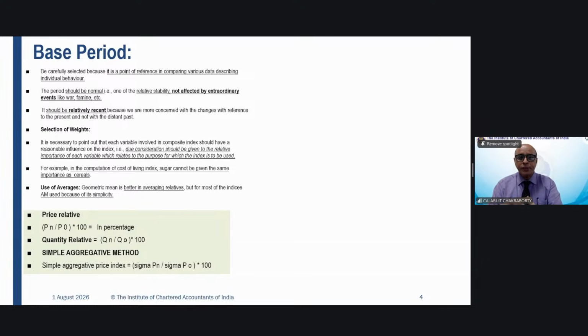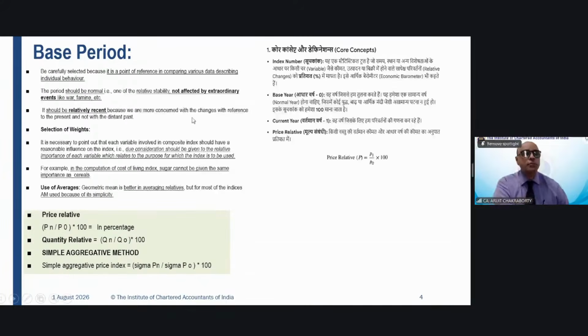So aggregate price index, that means it is the summation of prices of different commodities in the current year divided by the total prices of the same commodities in the base year, and then we multiply by 100. So this is the simple aggregative price index. Clear? Now we proceed to the core concepts once again for your ready reference.